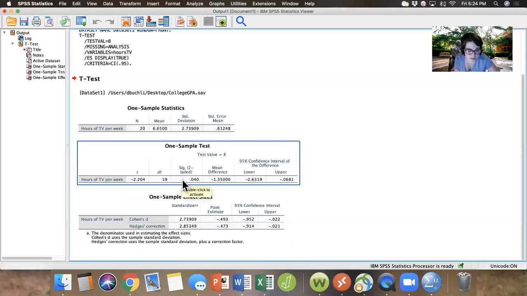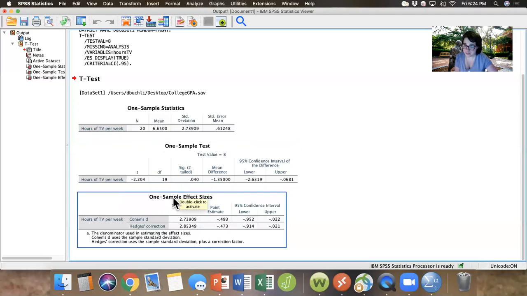Okay, so we have our results. We know that students who attend made-up university watch fewer hours of television than college students in the US population. Okay, so now we are ready to write up our results.